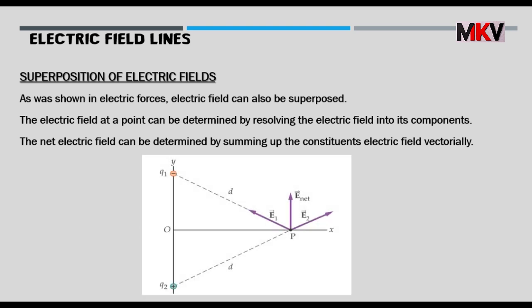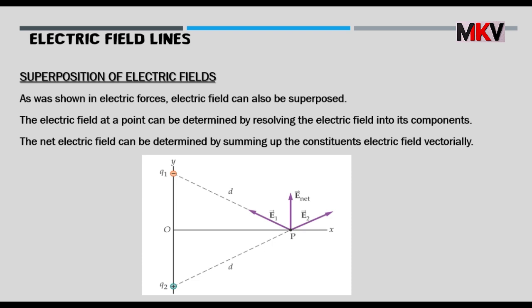Looking at this diagram here, there are two charges placed linearly, but from the Cartesian plane they are placed on the y-axis, one on the positive, one on the negative. And there's a point P where we are supposed to find the net electric field from each charge.